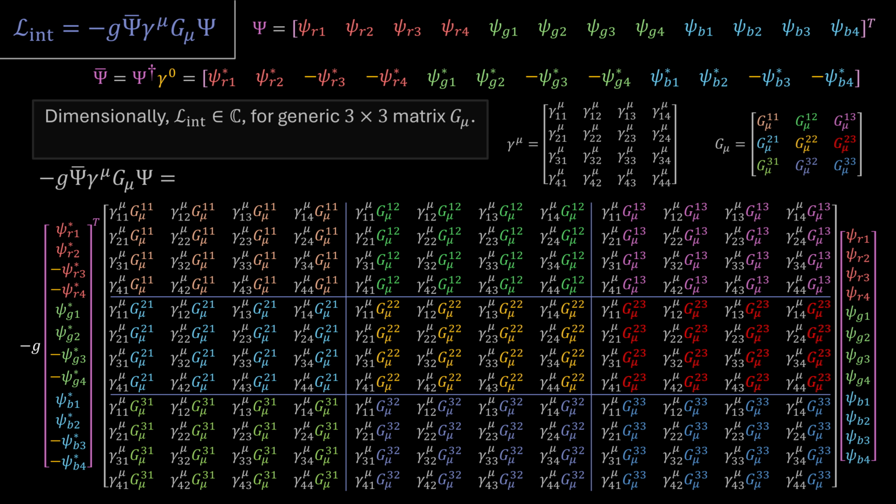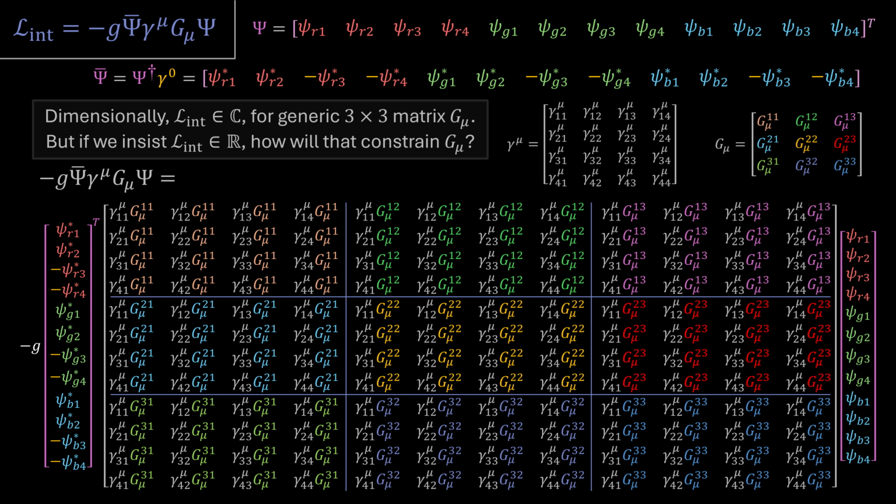Only then is our Lagrangian physically meaningful, because it encodes energy, right? And energy has to be real. And so the question comes up, how is that going to constrain our matrix G mu? That's a great question, because that's going to lead us into a very meaningful and very important constraint on the kind of thing that G mu can be.